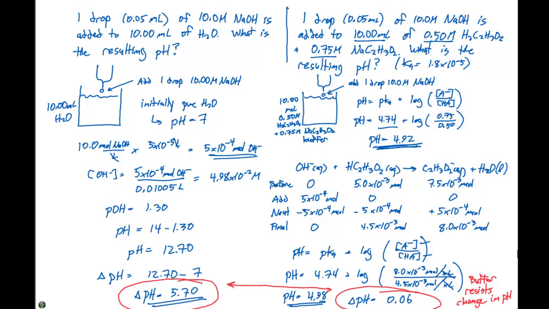And since we have a ratio of A minus to HA, we can use moles that we add and moles that are neutralized in order to get these concentrations, because the volume values are going to cancel out here, and we're just left with a ratio of moles. So this example serves as an illustration of how effective a particular buffer solution can be at resisting changes in pH.